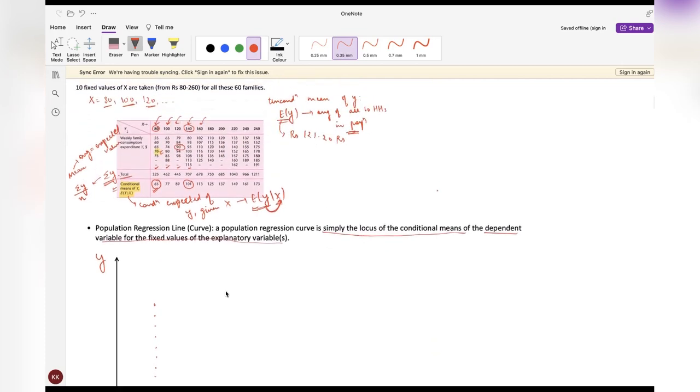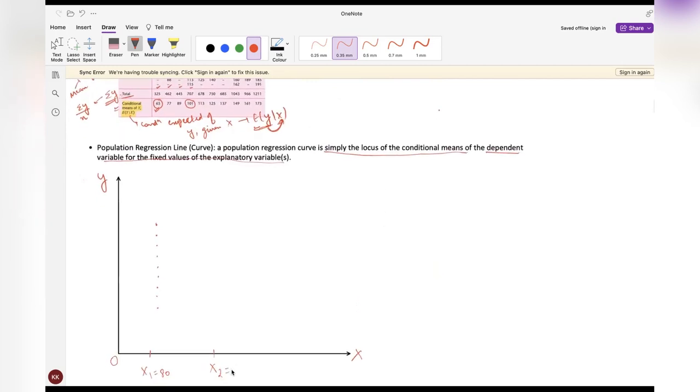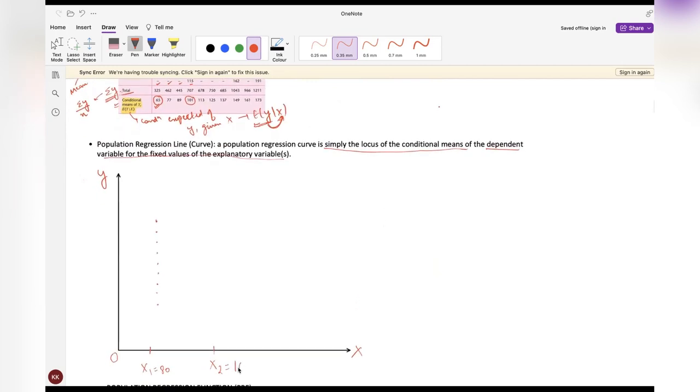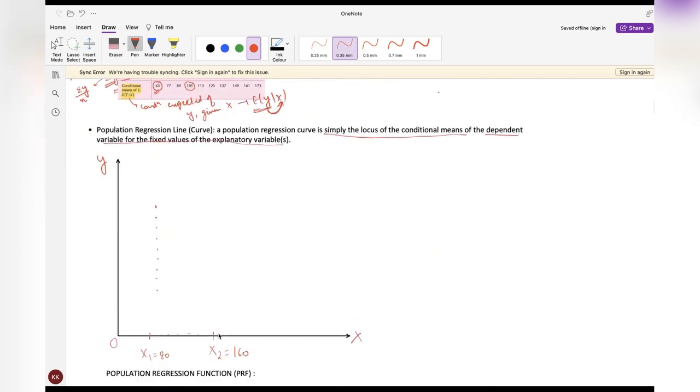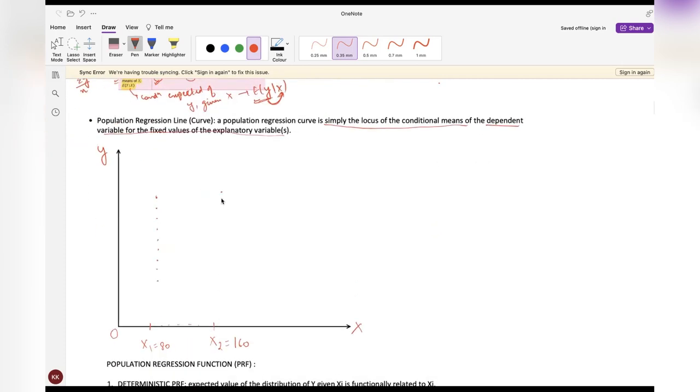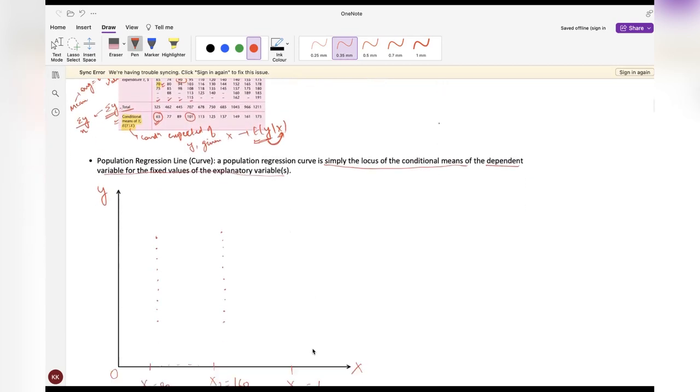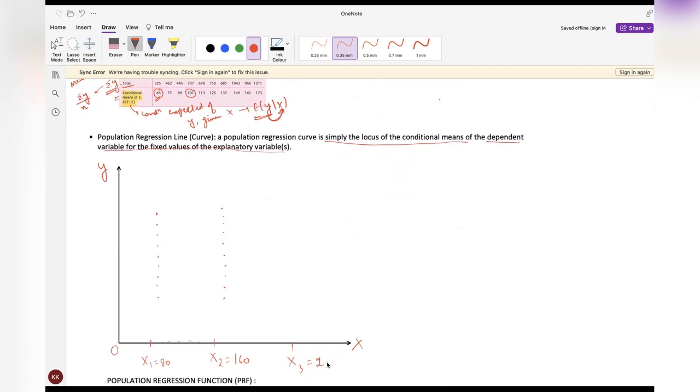Let's take the column 160. Right? So we are moving on. And again, under 160, we have multiple values of Y. So we are plotting all of those values like this. Then again, we have, let's say, X3 equal to 200, right? And we plot the corresponding Y values.